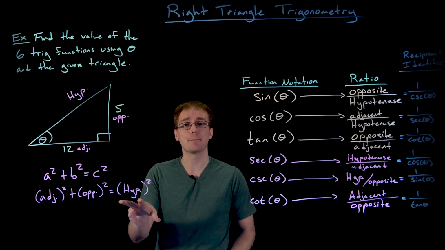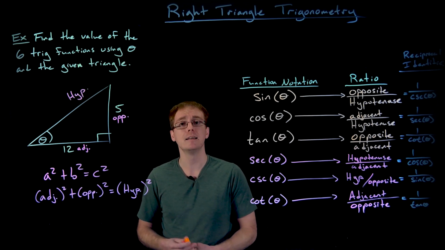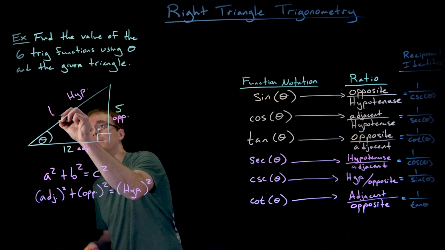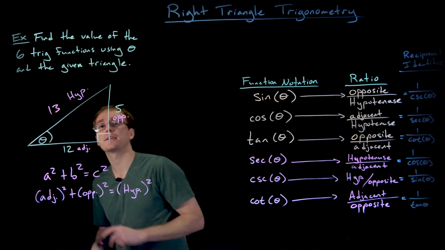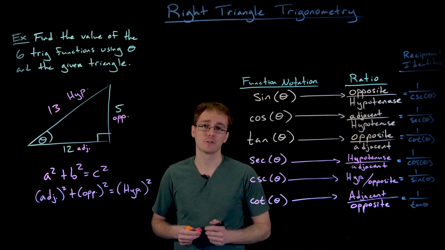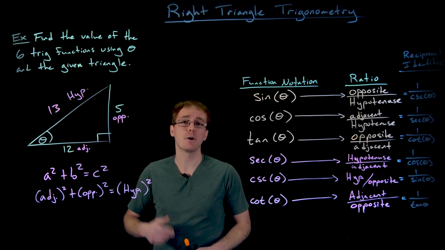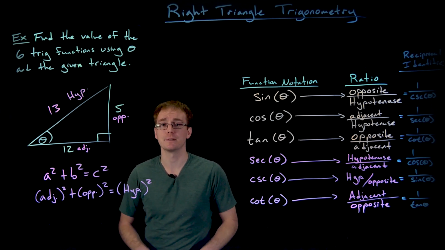So the square of our hypotenuse is 169. If we take the square root of that, we get 13. So we had to do a little bit of legwork, but we found that the hypotenuse of this right triangle must be 13.